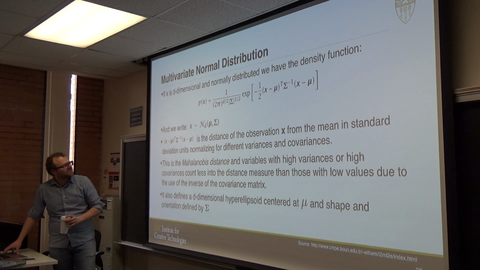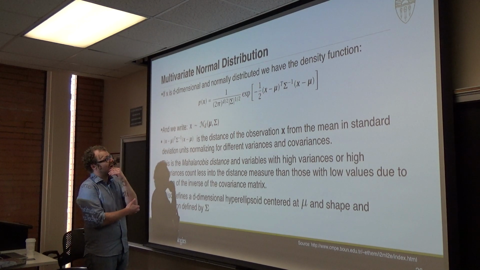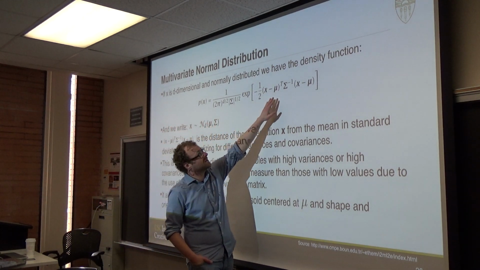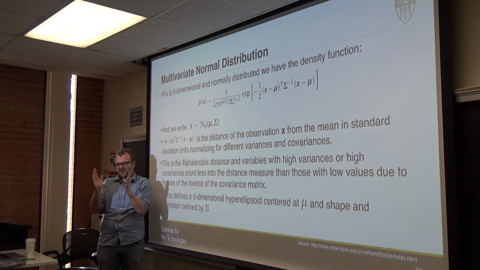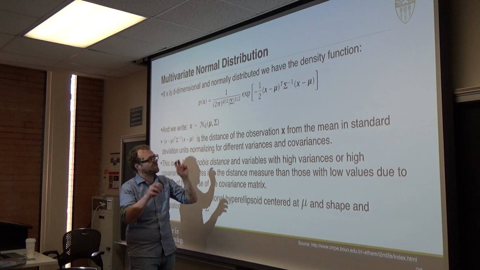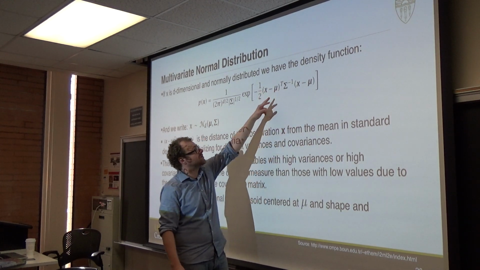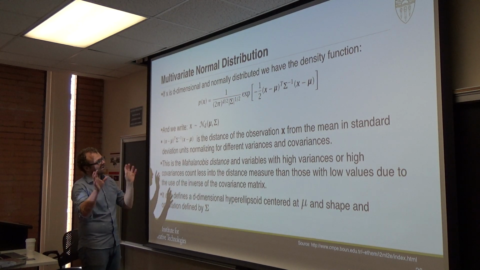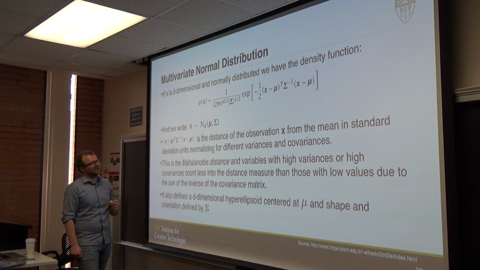And so now our density function becomes a bit more complex with the covariance matrix here. It's normalized again by the variances of certain combinations of independent variables, and then we have the distance of the observation to the mean value, to calculate the distance between the observed data point x and the multivariate mean values.